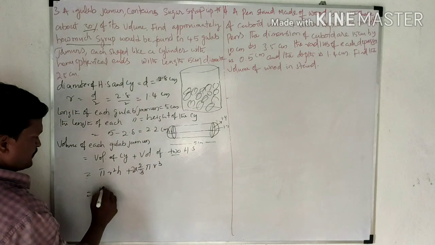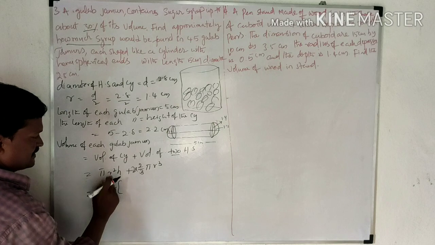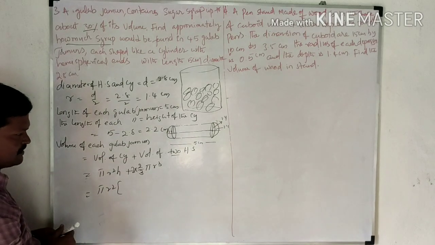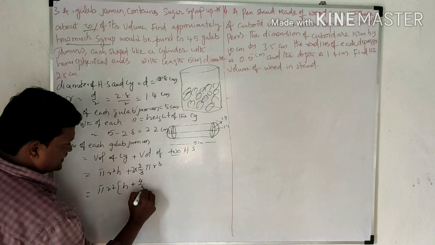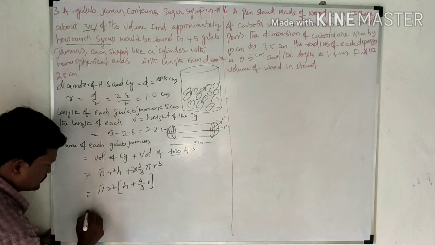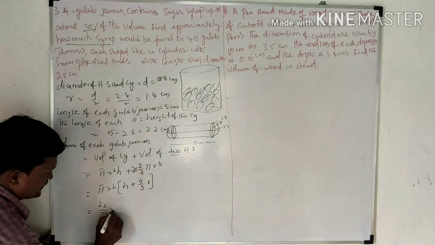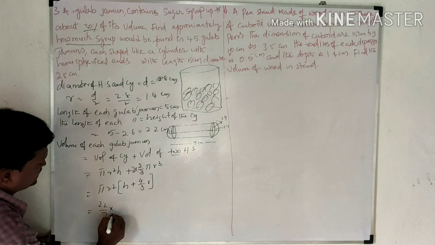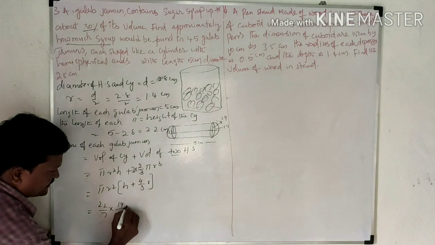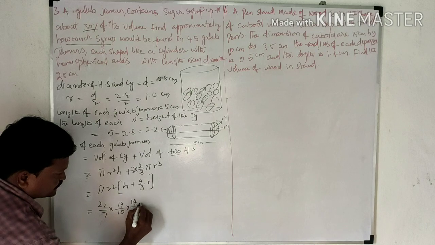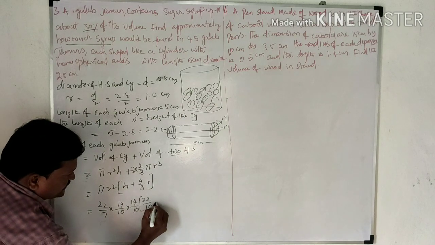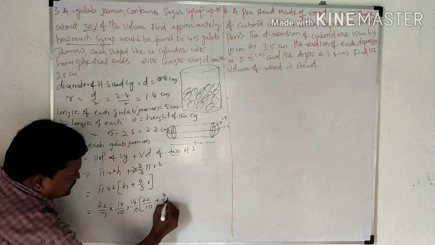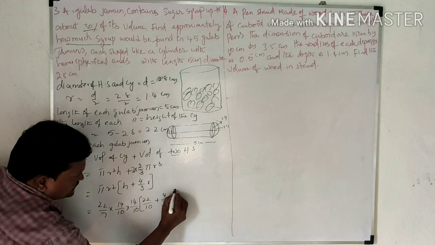So pi r square is common, and we get pi r square into h plus 4 by 3 r. So it will be 22 by 7 into 14 by 10 into 14 by 10, with the height 2.2 being 22 by 10, plus 4 by 3 into 14 by 10.